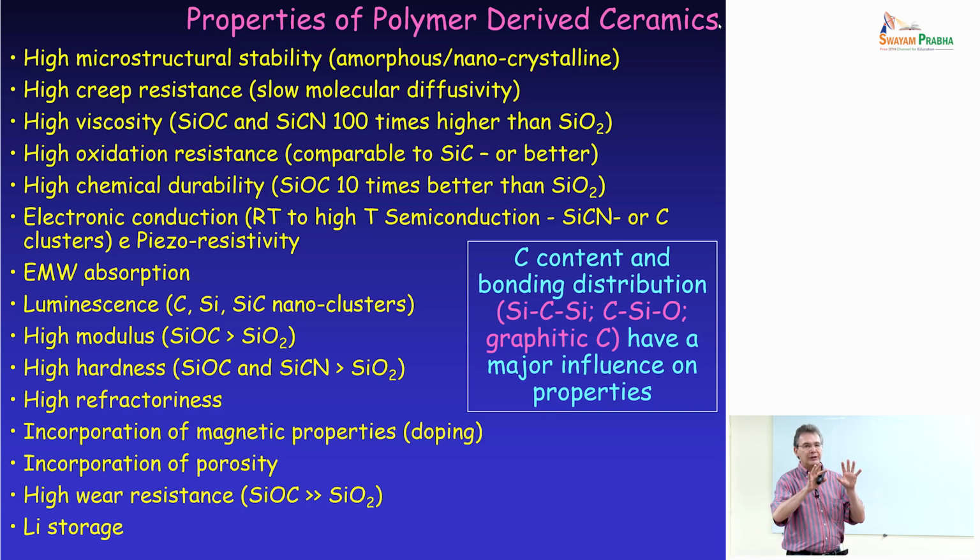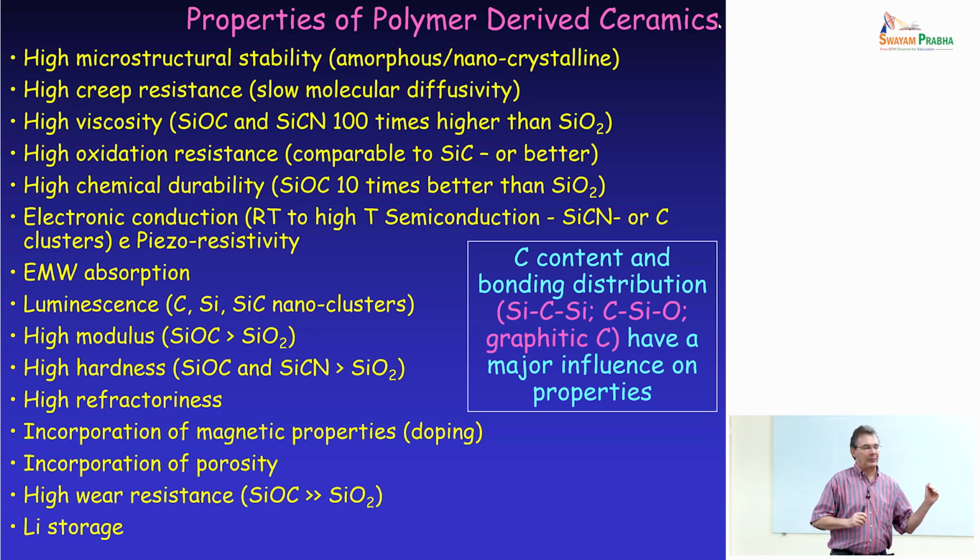If you substitute oxygen for some carbon, I didn't mention the fact that when you pyrolyze a preceramic polymer, some of the carbon stays attached to silicon, and some of the carbon phase separates into graphene, into turbostratic carbon. So you have carbon that is linked to silicon.